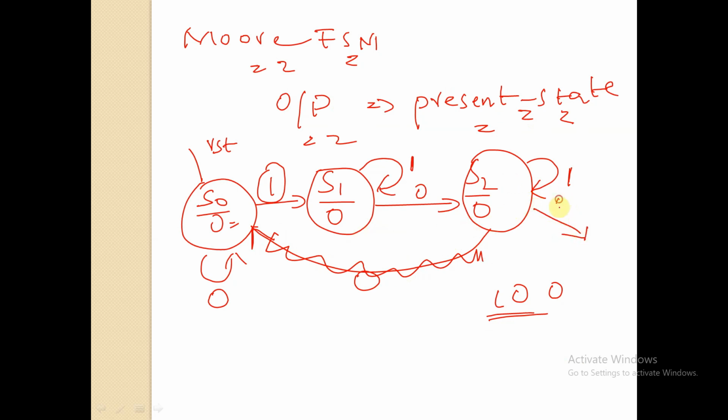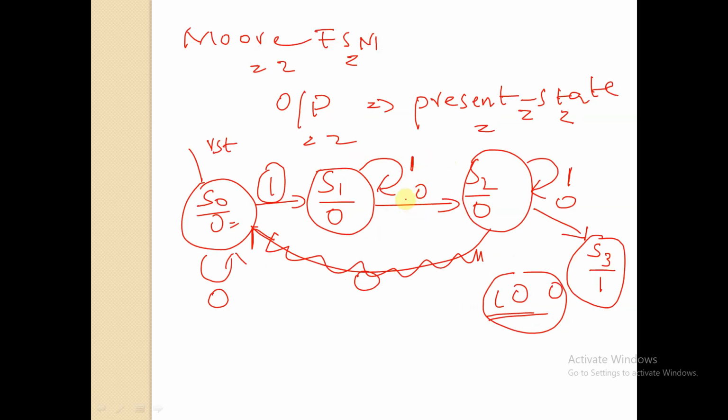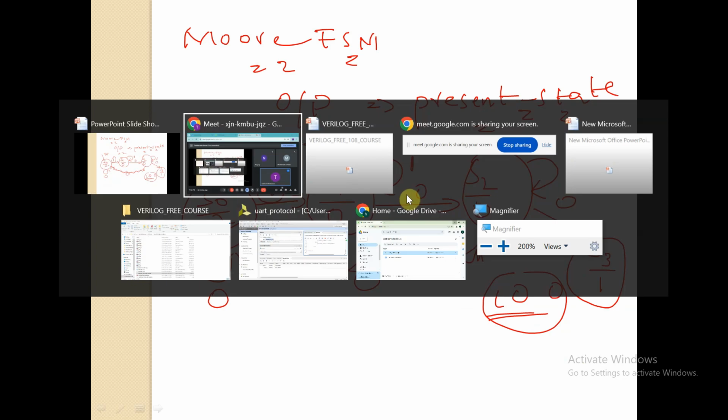If the input is 0, it will go to S3 state and the output is 1. So in Moore FSM, we will have one more state. I have taken just a random sequence, 100. So we can see in Moore FSM, we have more number of states compared to Mealy FSM for the same sequence. In Mealy, we have only 3, whereas in case of Moore, we have 4. Is this clear?